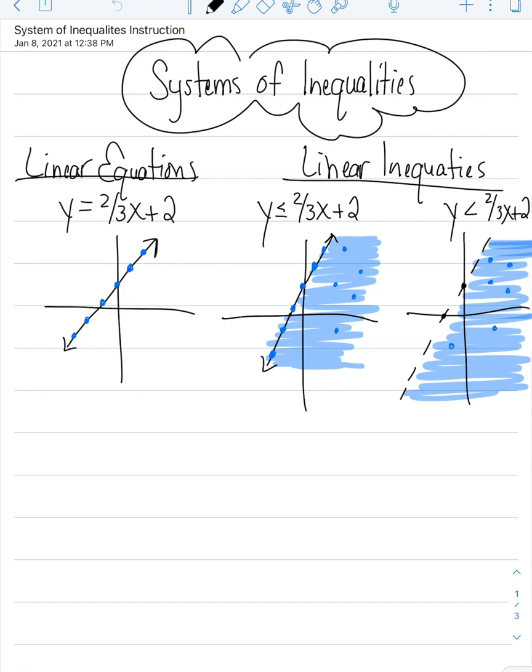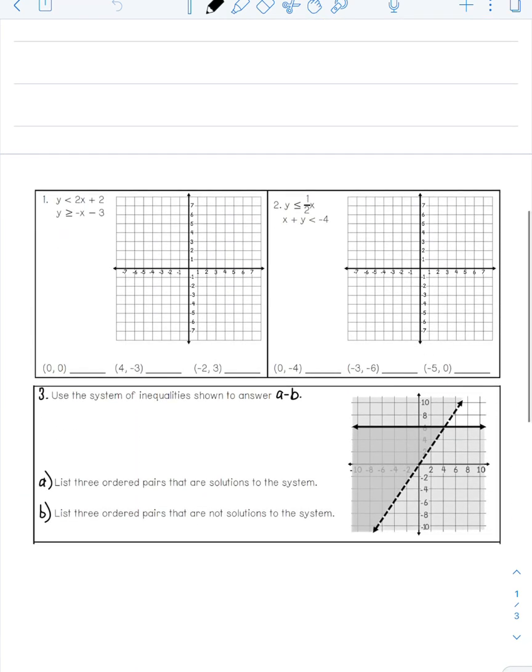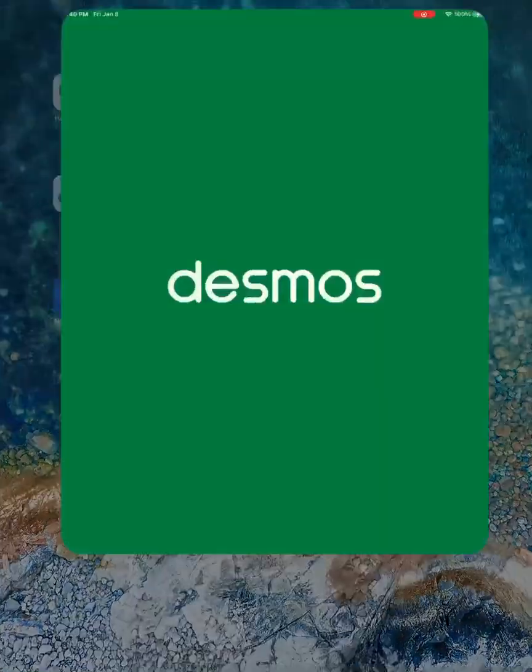So now let's take a look at how we can apply this to systems of inequalities. Our goal for today's work is to be able to identify points that are solutions to these systems. So what we're going to do is use our graphing calculator. If you will, let's go ahead and open Desmos, get that prepared.